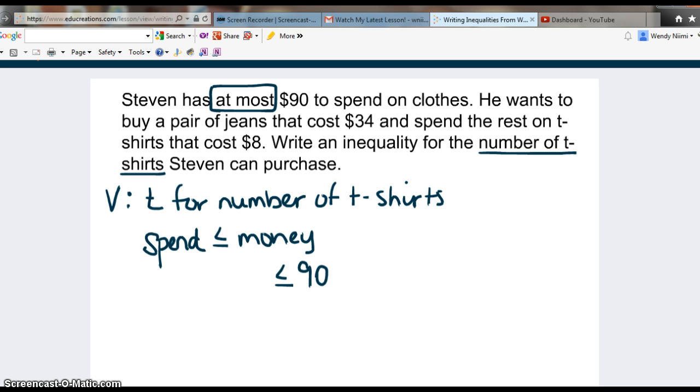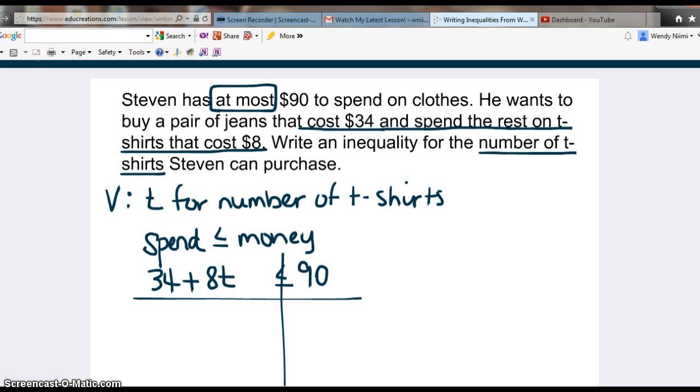So we're going to put our $90 for our money, and then we're going to create our other side. Our pair of jeans costs $34. Then our "and," which represents plus, and then spend the rest on t-shirts that cost $8 each. Each means multiply. So we're going to have 34 plus 8t is less than or equal to 90.